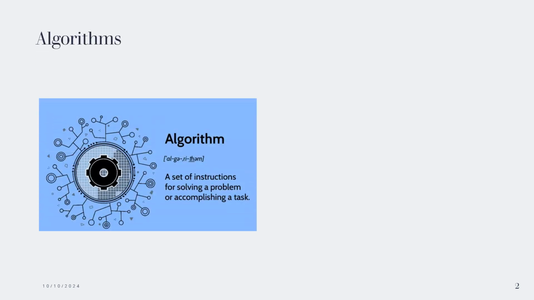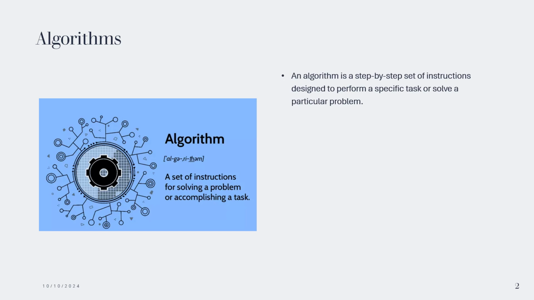First of all, let's see what algorithms are. An algorithm means a set of instructions or steps that helps you to perform a specific task or solve some problem. For example, let's take going to school.